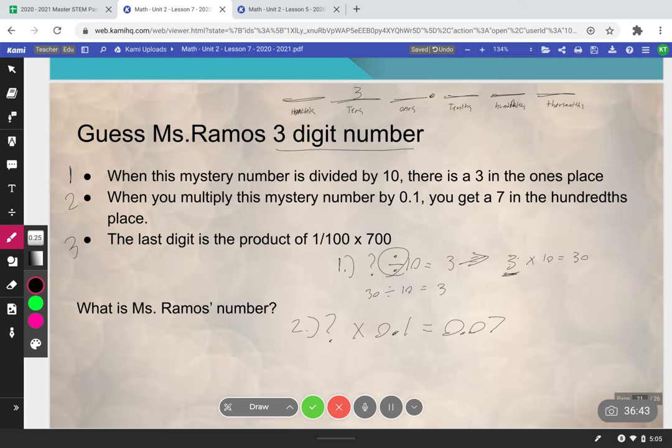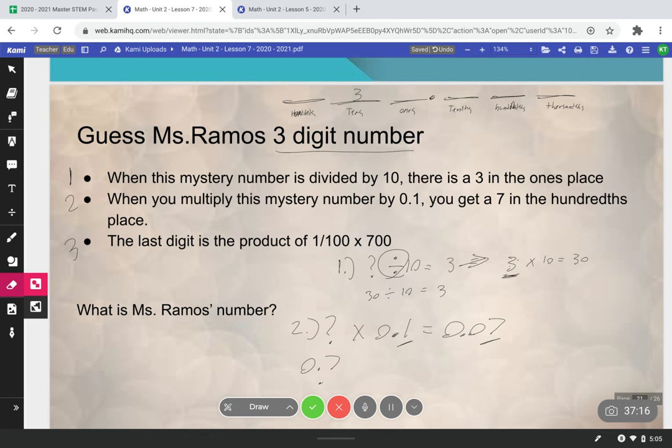So what number do I need to multiply? Well, I know 7 and 1. So anything multiplied by 1 is going to be itself. So I know that one number of the mystery number is going to be a 7. But is it going to be that 7 tenths or 7 hundredths?